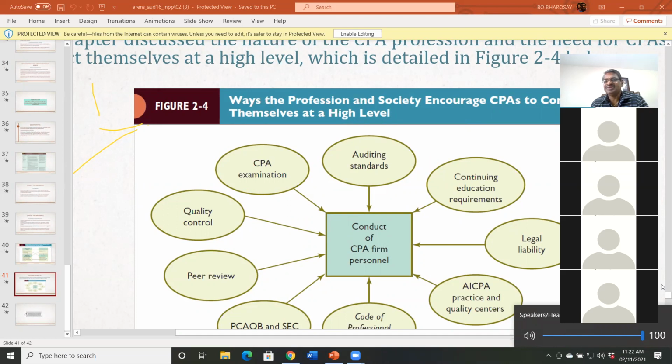Professor? Go ahead. Yes, Professor, I have a question for our assignment. I just bought the course, MyLab Accounting. And for the assignment, we have one assignment due on February 16. That's for the lab. The lab is not due yet. None of the lab assignments are due yet. The lab assignment will be due in March.